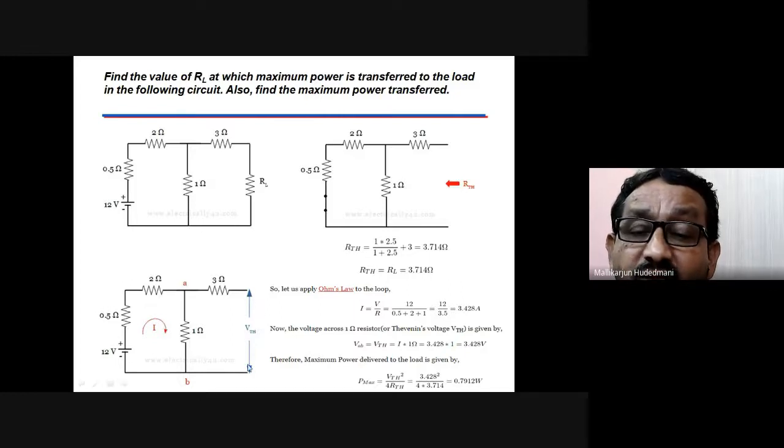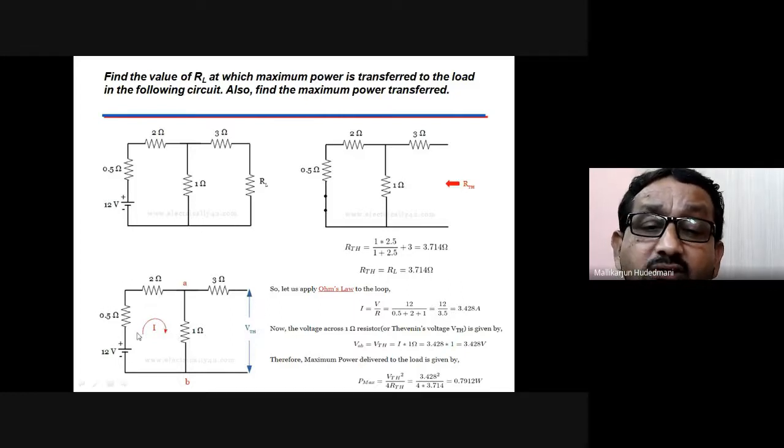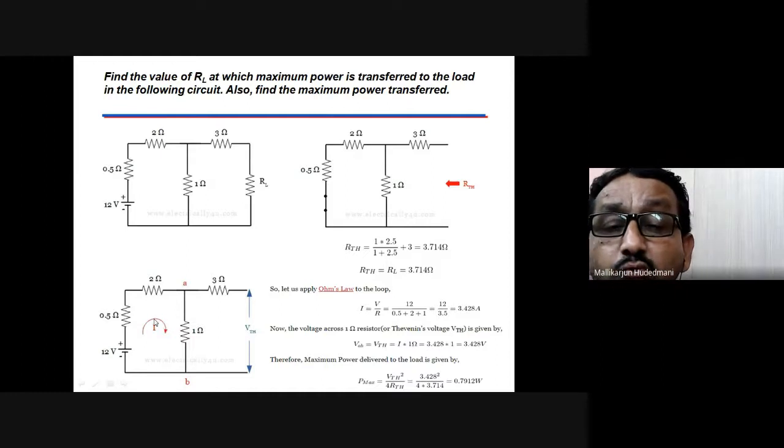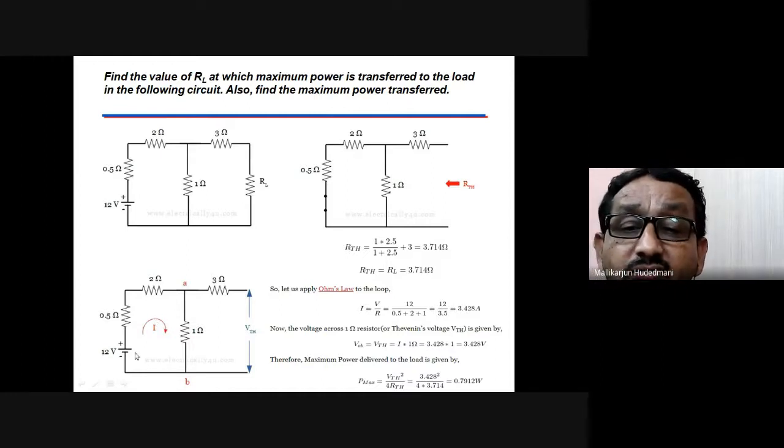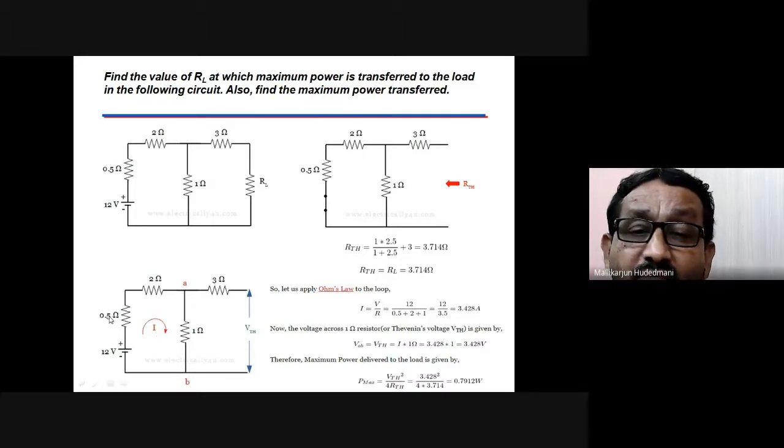To find out the VTH in this diagram, I need to know the current flowing through this closed loop. We know the 12 volt source, and the resistors 0.5 ohm, 2 ohm, 1 ohm are in the path. Therefore, current I is 12 divided by (0.5 plus 2 plus 1), which is 12 divided by 3.5 ohm, giving 3.428 ampere.